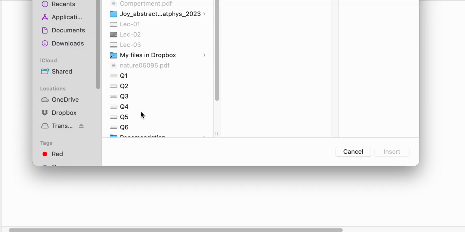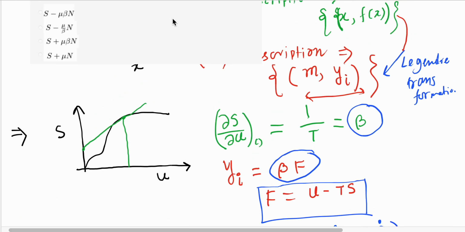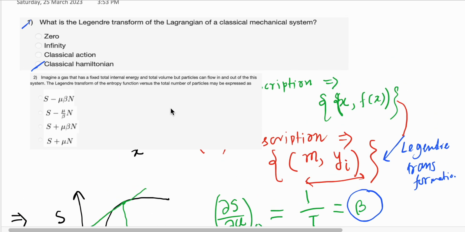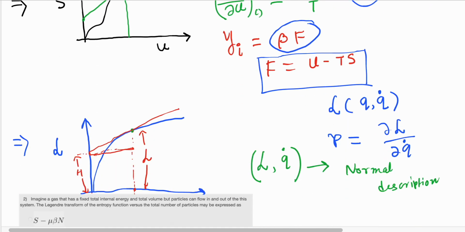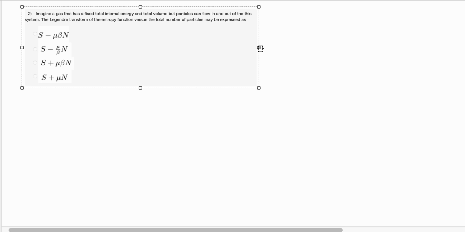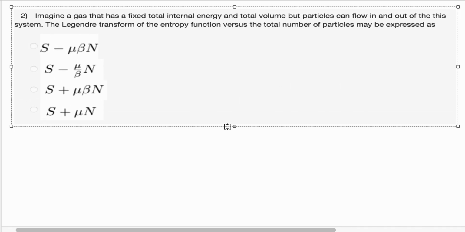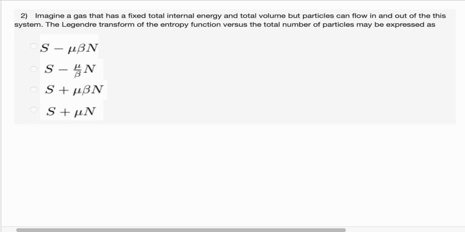Answer to question 2. So now we will solve question number 2.